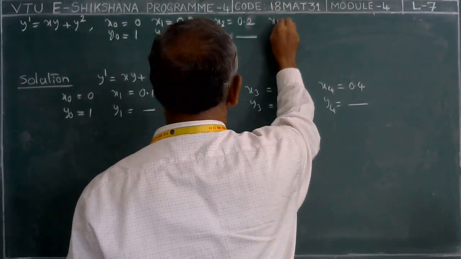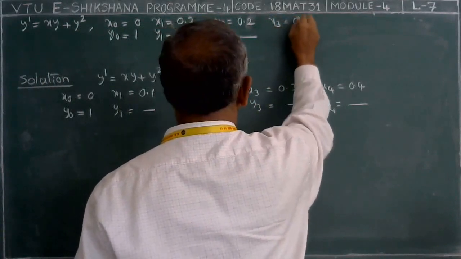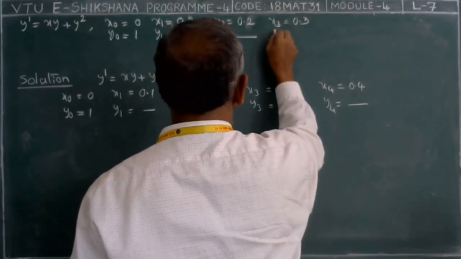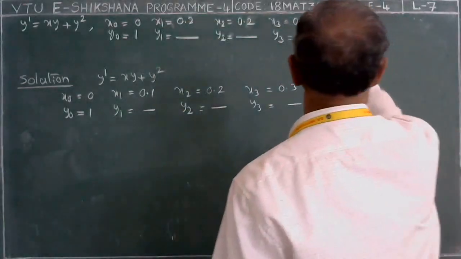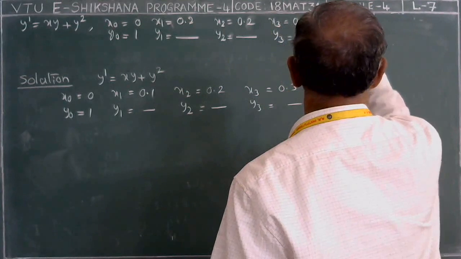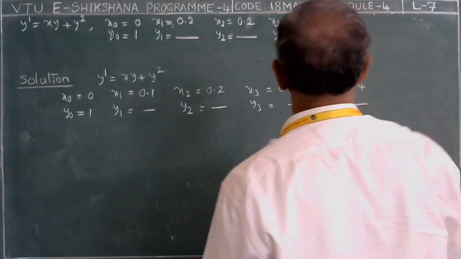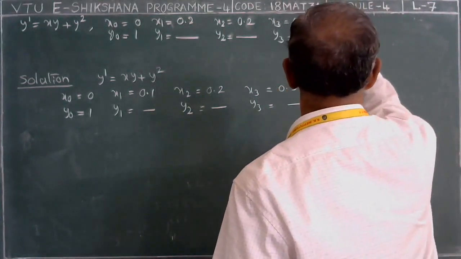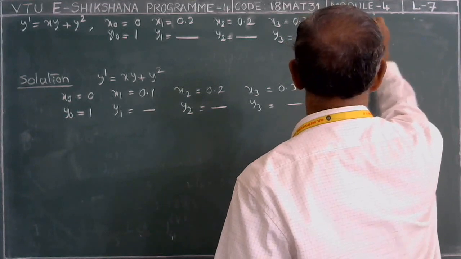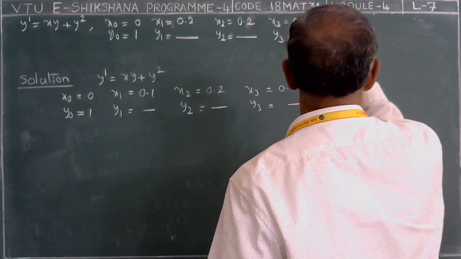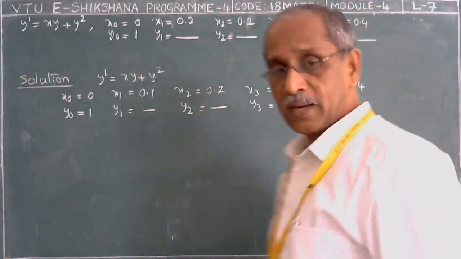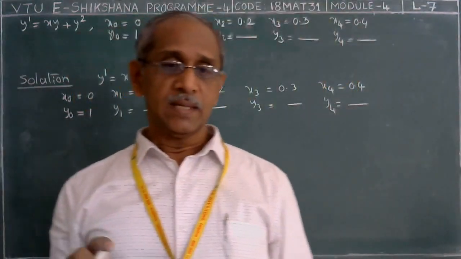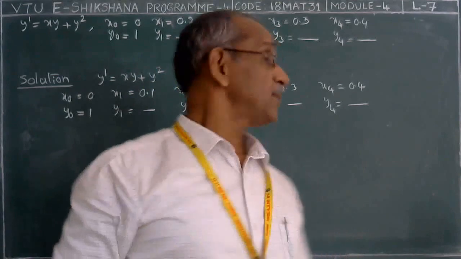Then x3 is 0.3, then corresponding value y3 I need to calculate. Then x4 is 0.4, corresponding value y at x equal to 0.4 needs to be calculated using Milne's predictor corrector method.